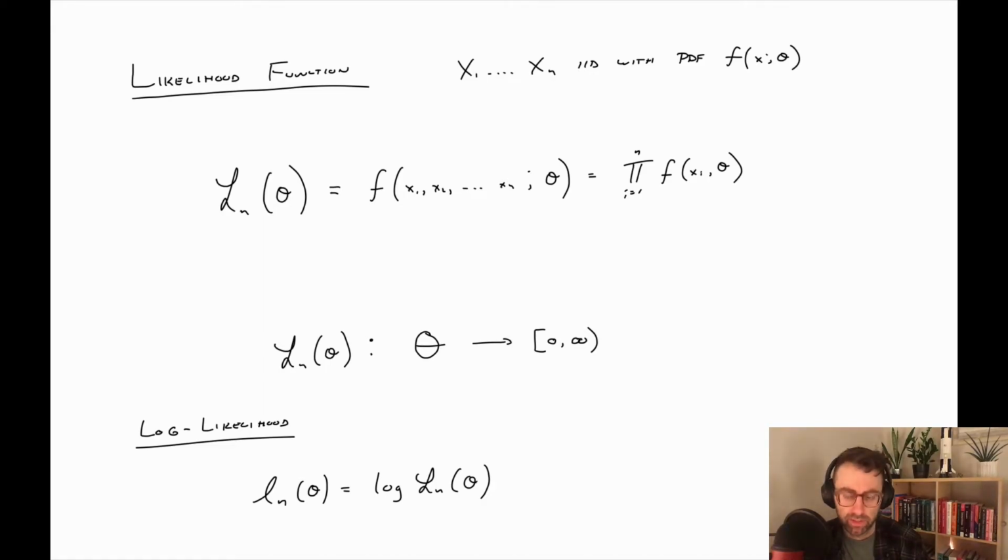It just makes our life easier, and I'll note where that comes in in a second. So the likelihood, which I denote with the fancy script L, is a function of theta. In terms of the symbols that we write down, it's the joint density of the data.